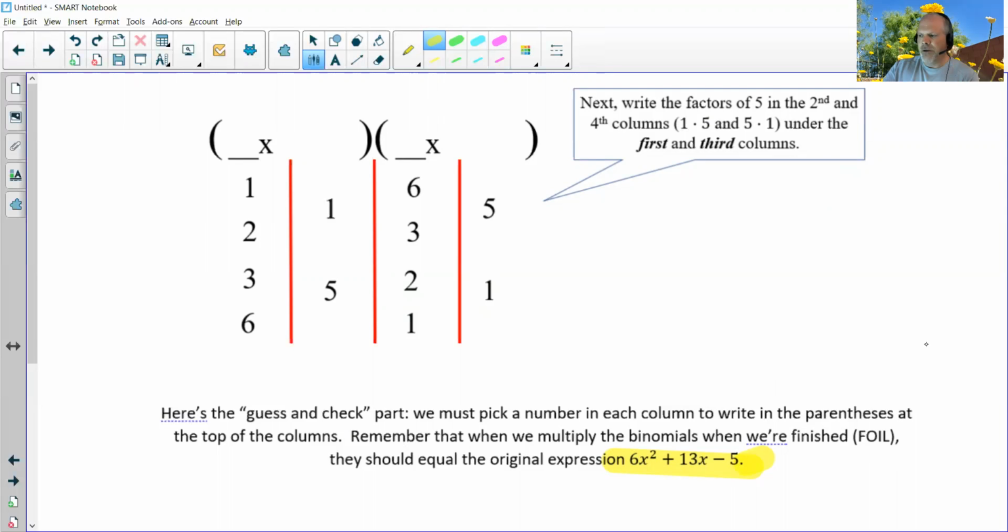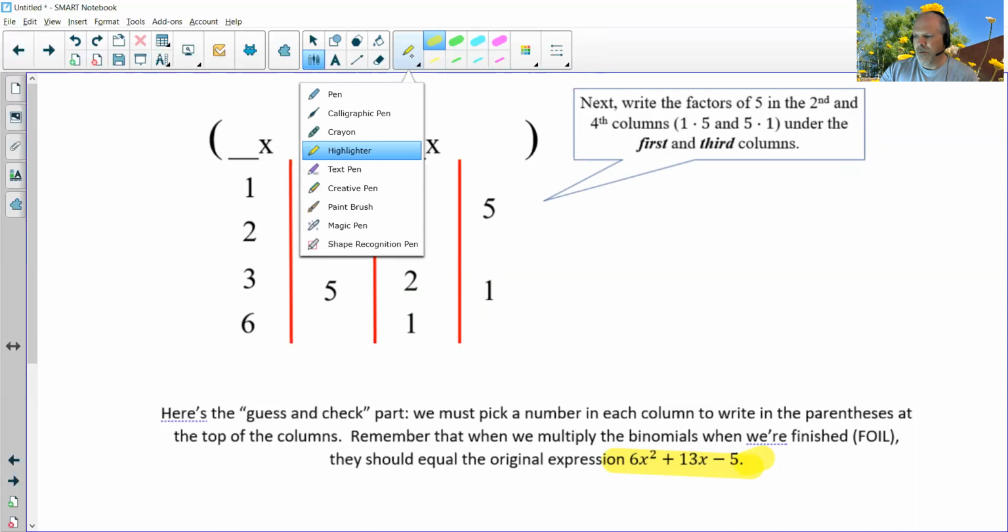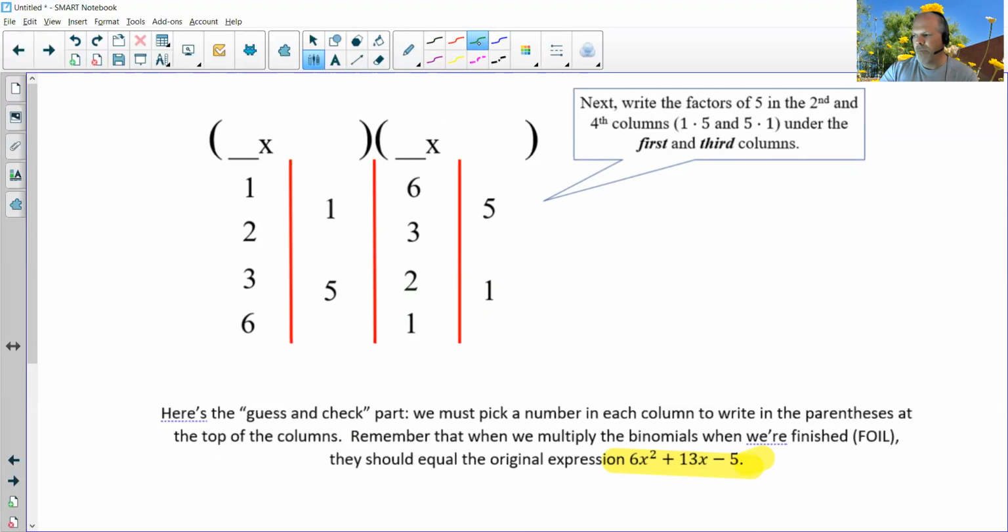Now what we're going to do here is we will literally just start picking numbers. We guess and check. That's what this is called. So I'm just going to pick some numbers: 6, 1, 1, 5.